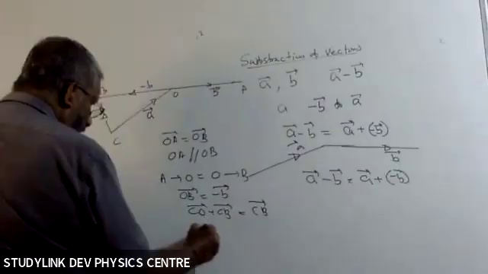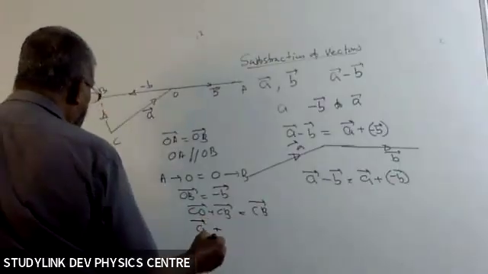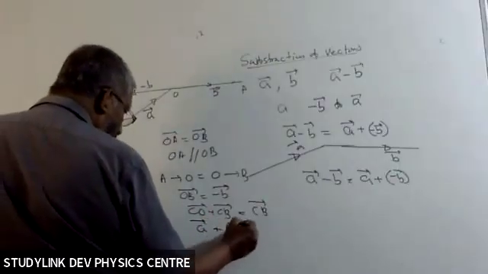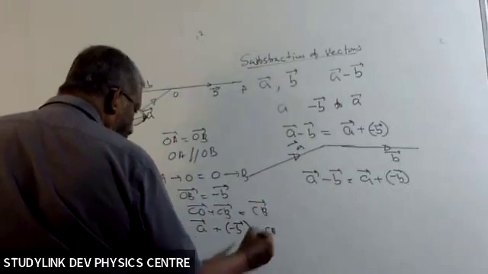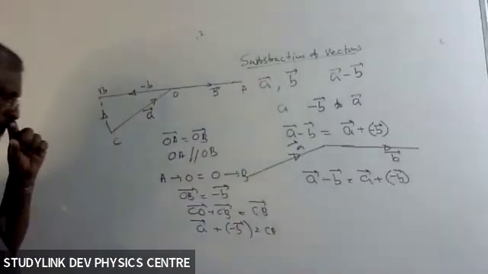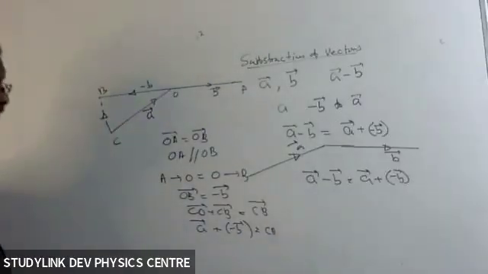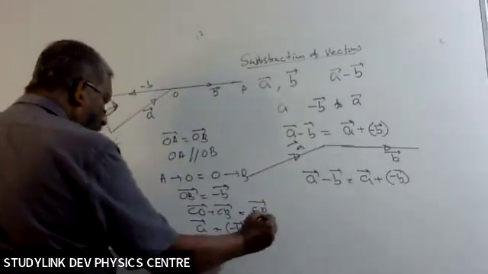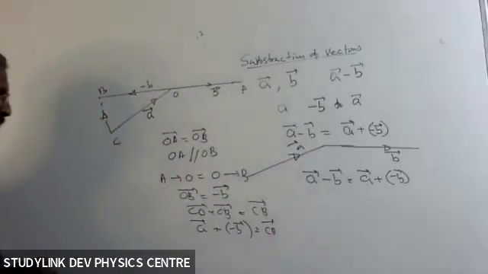CO is A, OB is minus B. Vector C. If you can't understand, tell me.